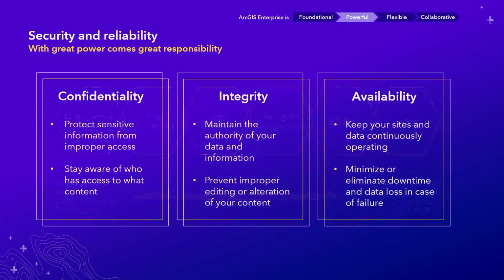Lastly, when you're talking about having great power in your organization, you also have the responsibility, remember Uncle Ben, to keep your data confidential, keep its integrity, and make sure that it is always available to your users. This CIA triad is an important concept in cybersecurity, and we focus on it a lot in ArcGIS Enterprise. When we're talking about confidentiality, ArcGIS Enterprise makes it easy to protect sensitive information from improper access.